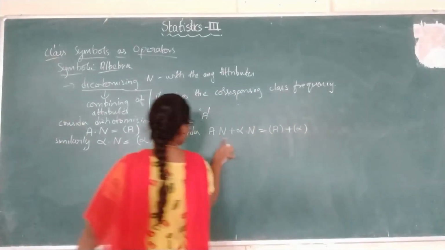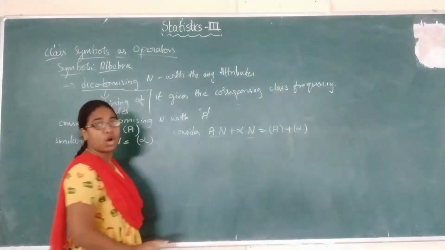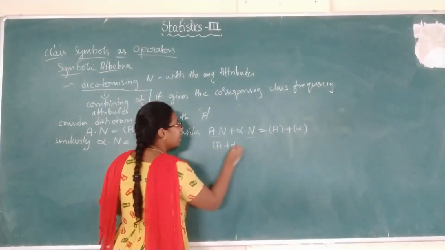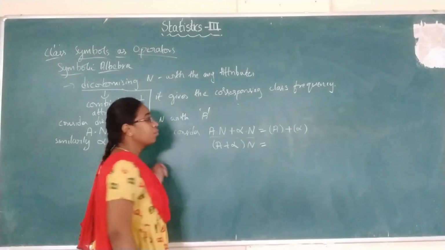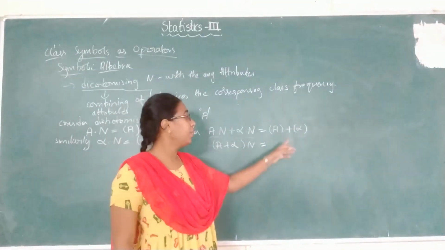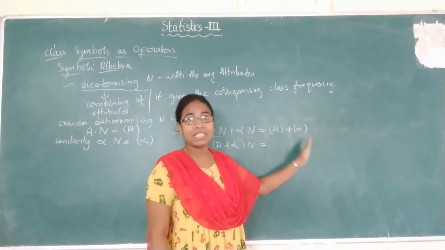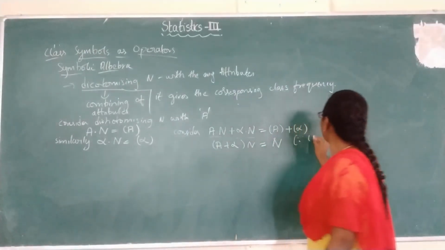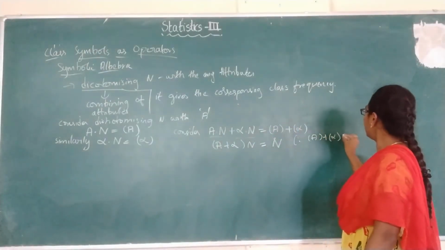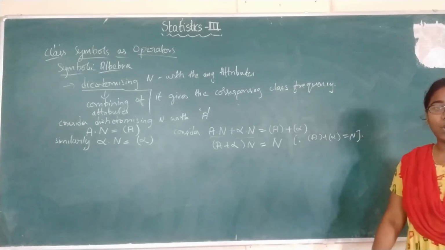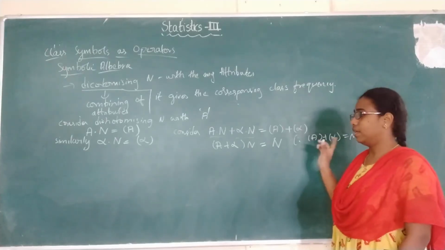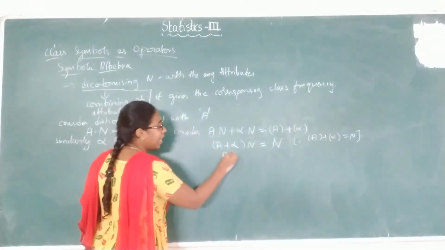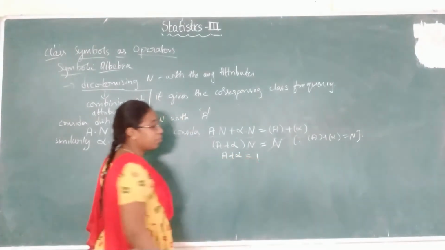Now if you observe, from these two terms I am taking N common, so I can write (A plus alpha) into N. From the relationship we know that the class frequency of A plus alpha is always equal to capital N, since an attribute plus its complementary attribute is always equal to capital N. So N and N get cancelled, and you get A plus alpha equals 1.